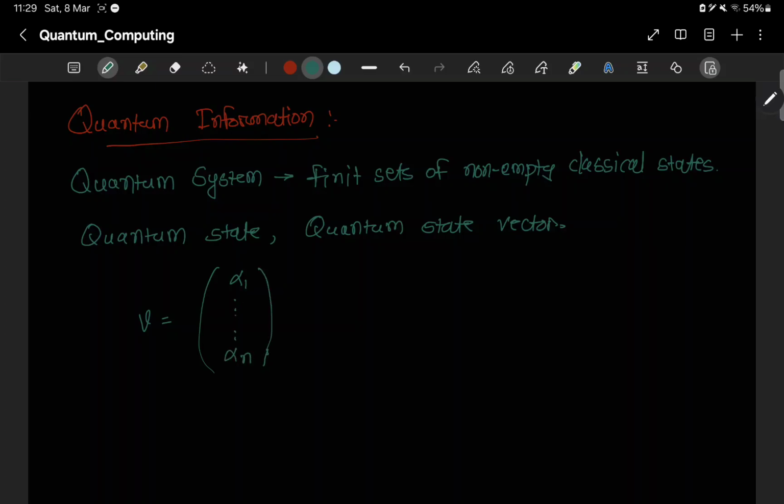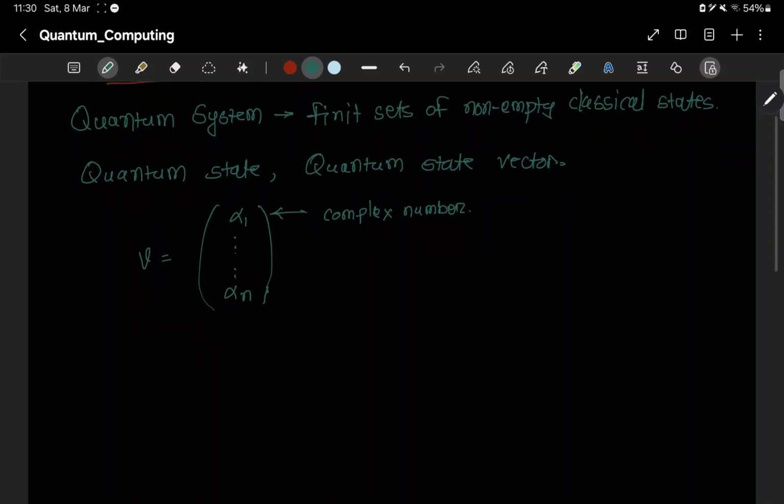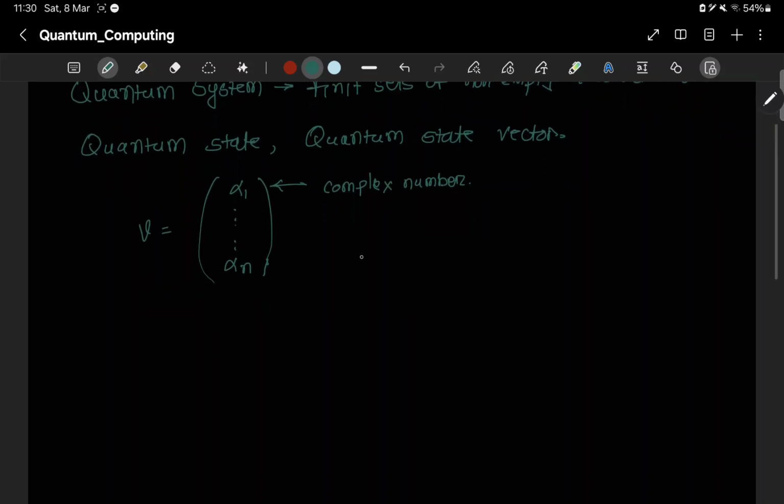So this is an n-dimensional quantum system. Each of these entries is a complex number, and the only criterion that they should satisfy is that the Euclidean norm of this vector should be equal to 1.